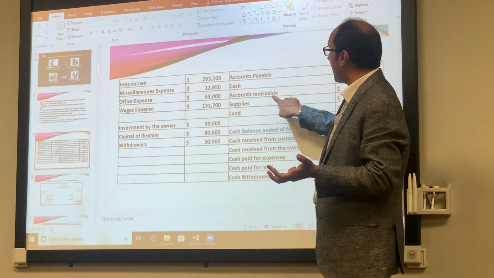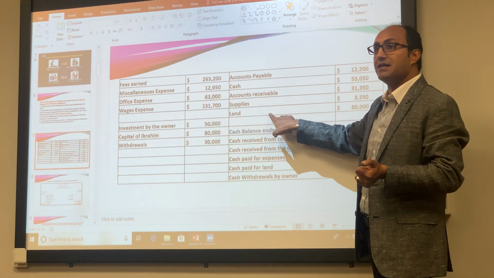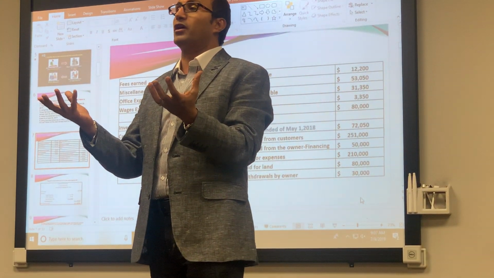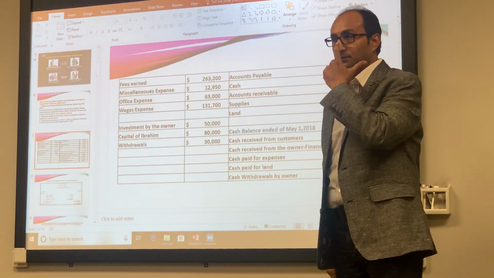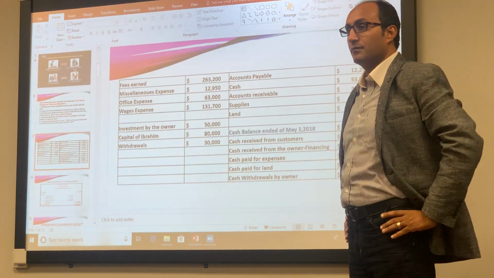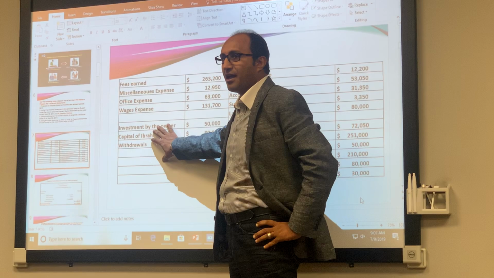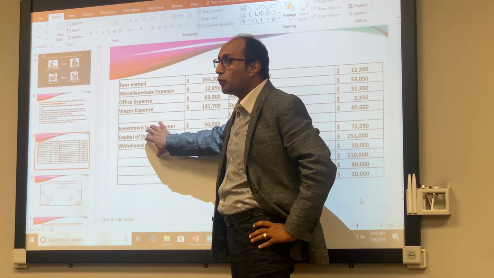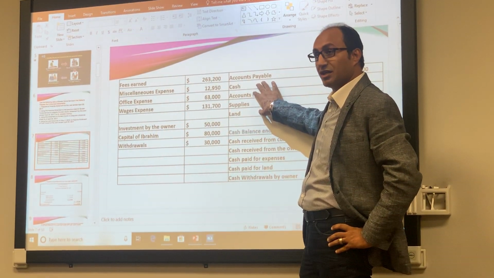We have cash and accounts receivable, supplies, land as assets. But where is the owner equity data? Who can tell me? The owner equity is on the bottom left right there. Yeah, so that means we must prepare owner equity to be able to prepare the balance sheet, right?